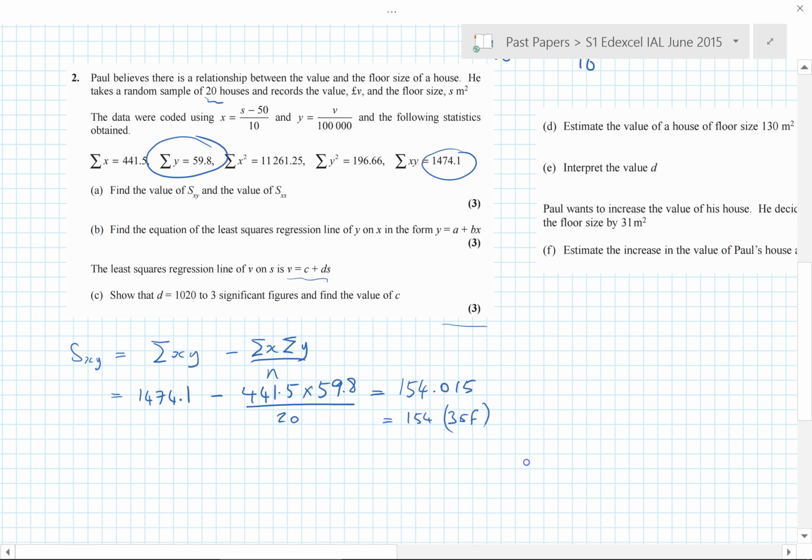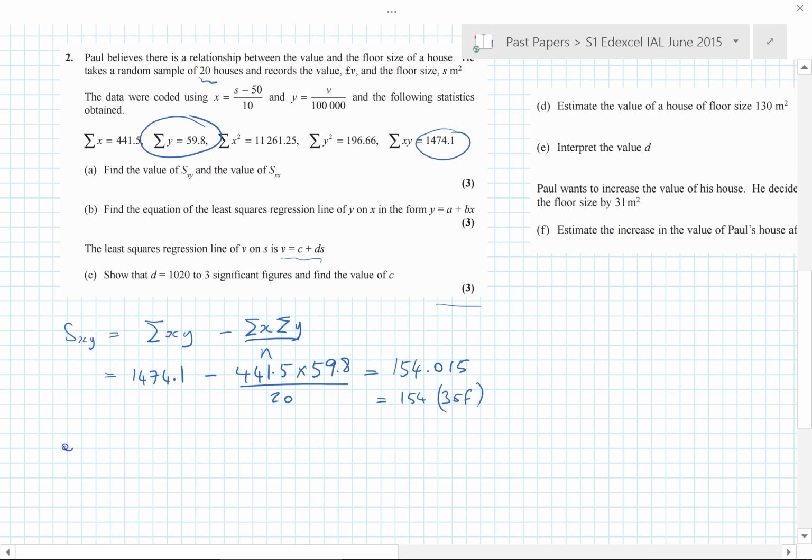Okay. Sxx, also given in the formula book, is equal to sigma x squared take away the sum of x, squared, divided by n.